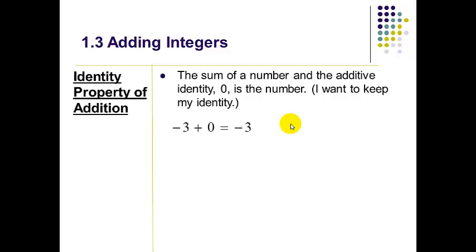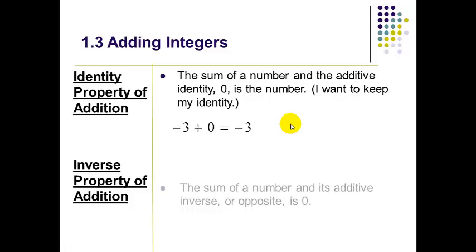And you're probably thinking that a lot of this might just be common sense, and you're right. But you'll see as you go up in math that these properties will come in handy when you least expect it. The other property that we have is the inverse property of addition. So the first thing that I think of when I see inverse is reverse.